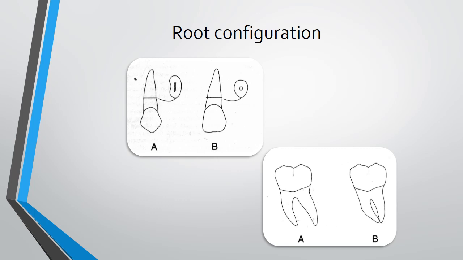So based on the length of the root, their configuration or the dilaceration or separation of the roots, as well as the cross section of the root, we can assess the amount of support we can expect from that particular abutment.